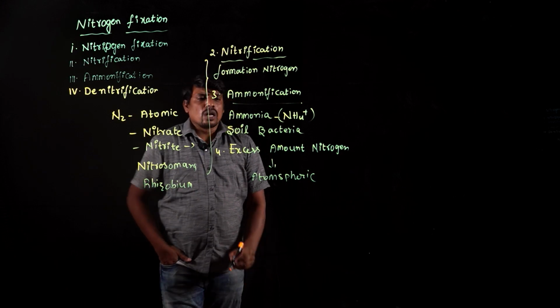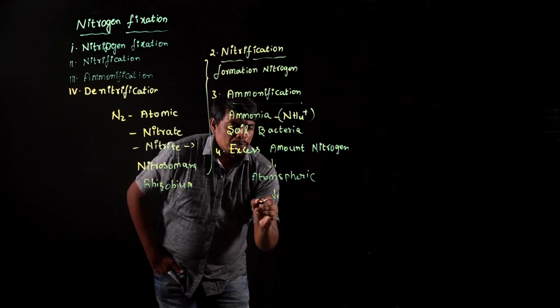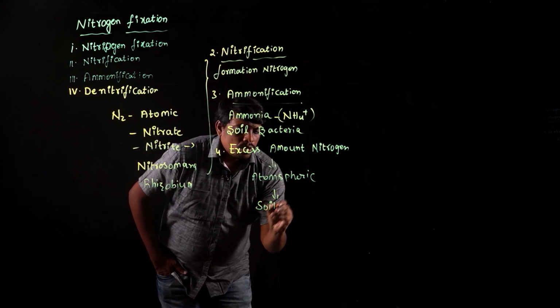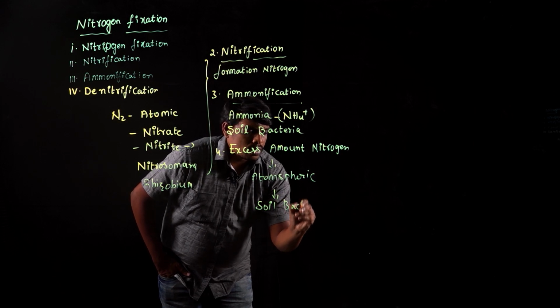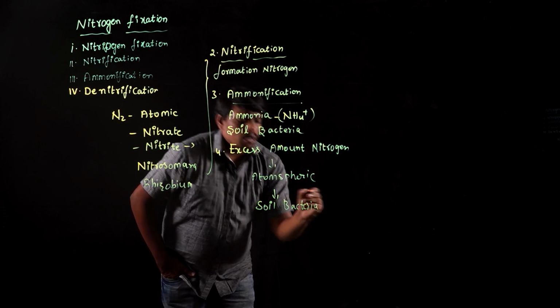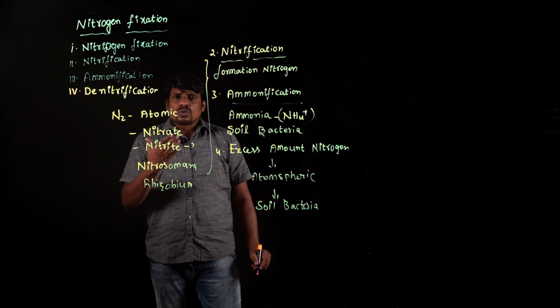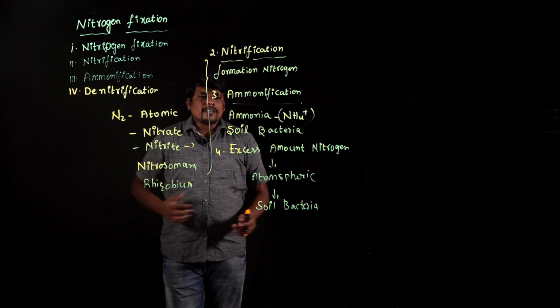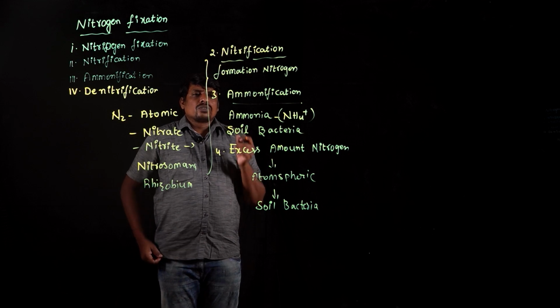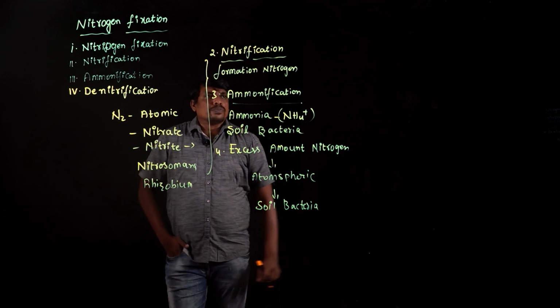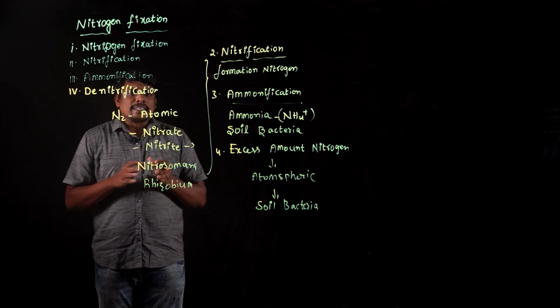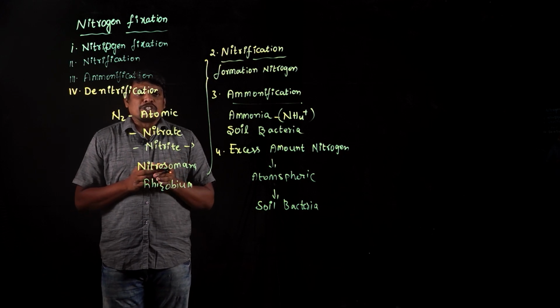For denitrification also, the soil bacteria, whatever is there in the soil, play an important role. Cyanobacteria, blue-green algae, nitrosomonas, and also other kinds of bacteria play an important role in the process of denitrification. So what is nitrification? Let us see the picture.